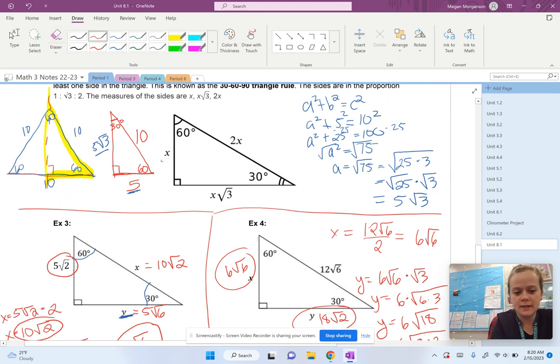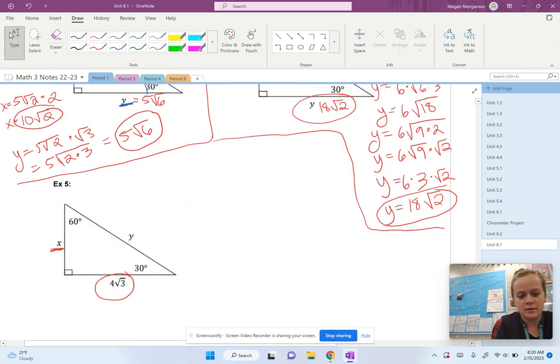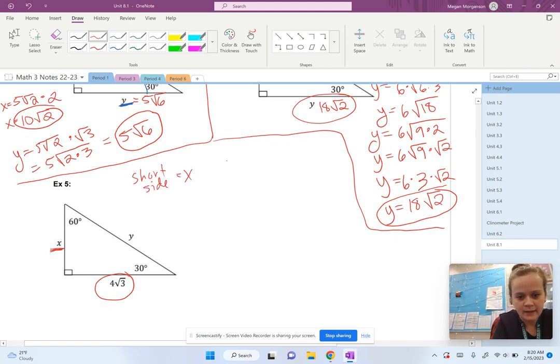So x is the short side. If x is the short side, the long side is x root 3. So short side x, long side is x root 3.